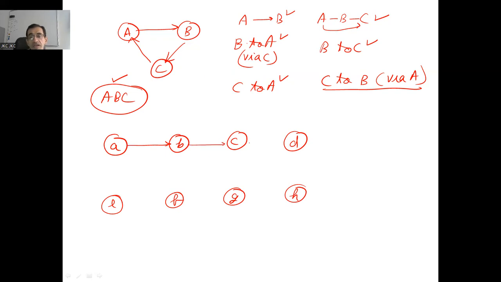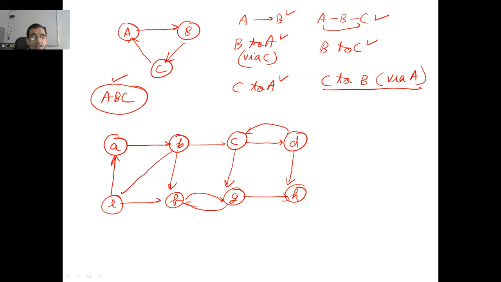I am drawing it directly from the book, and they have it like this. Then I have this one, and this direction reversed. They have this connection, and I have G to H also, and I have one more connection like this. So this is the book example.